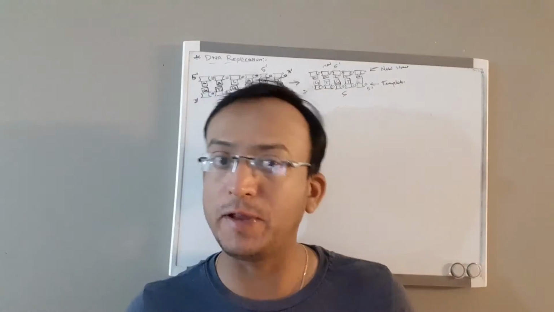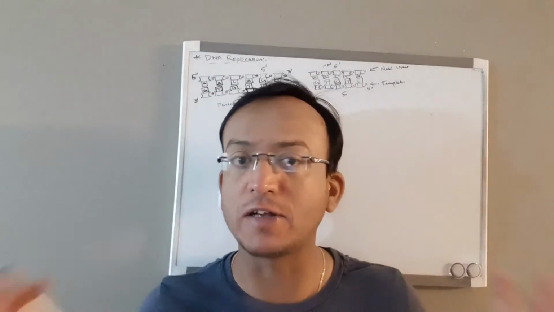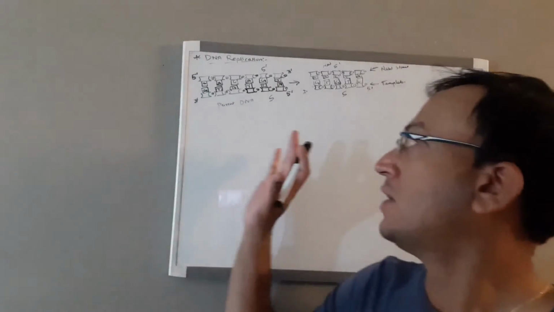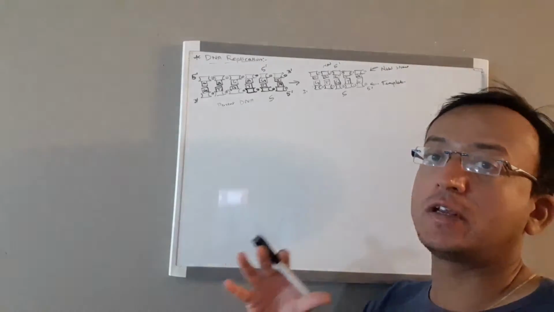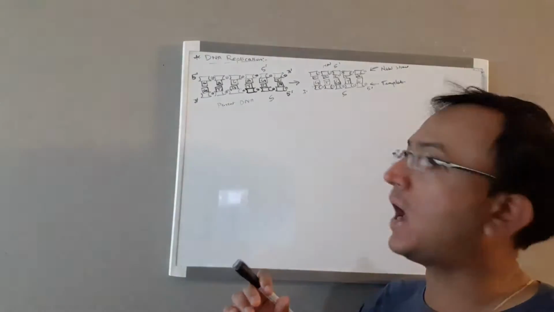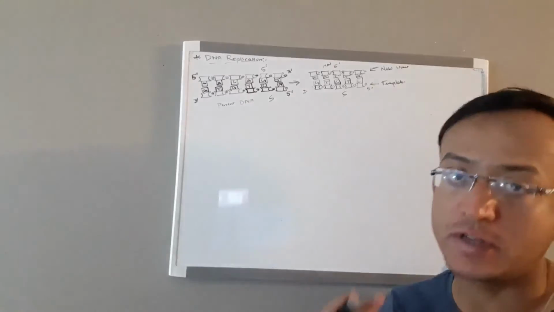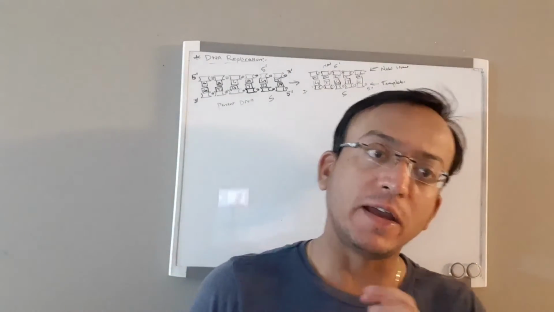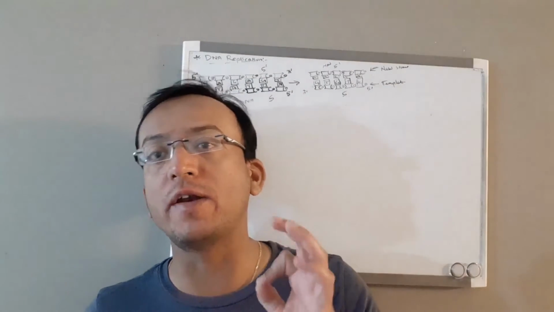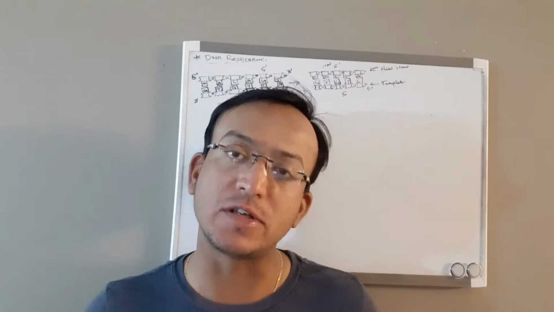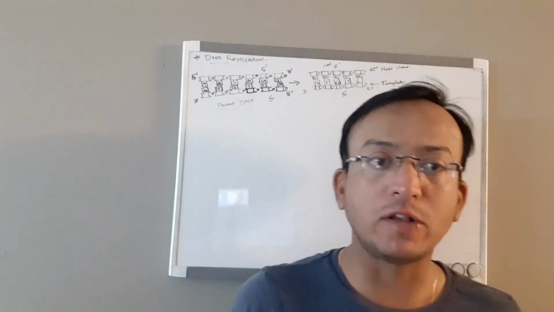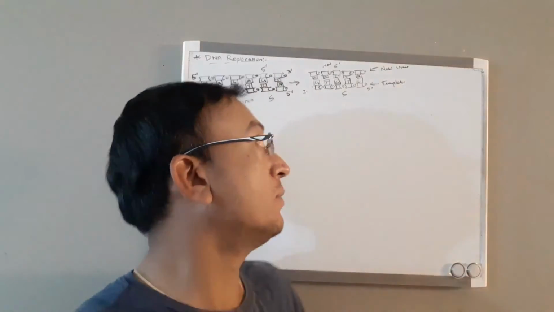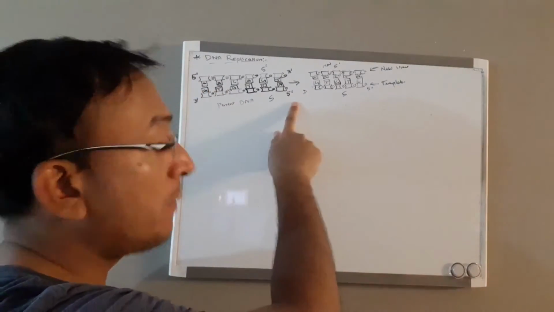So DNA replication requires cooperation of a large number of proteins, right? The replication machine consists of a large number of proteins that act in concert to open up the double helix and synthesize new DNA. So, for example, this is our parent DNA.